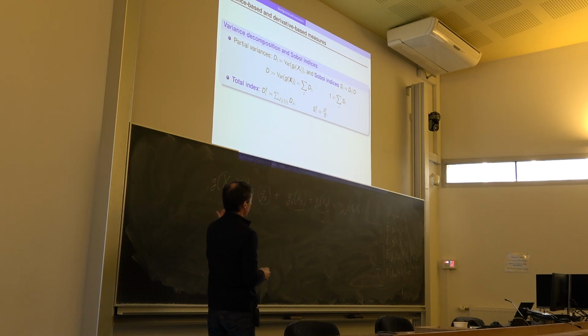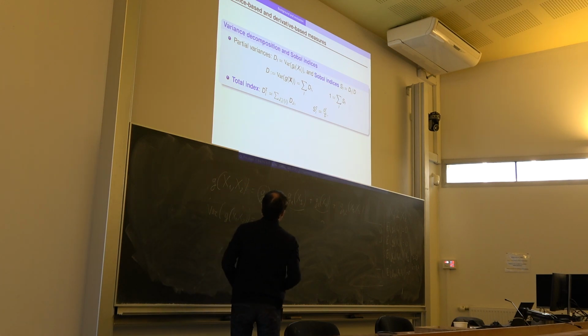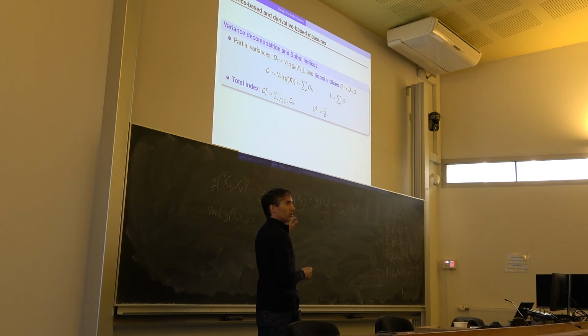So here, you know that all these four terms are orthogonal. So you can write that the variance of your function is the sum of the variance of each term. So you have a constant here, the variance of a constant is 0, so it disappears.